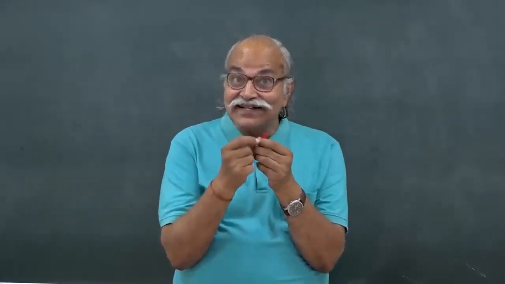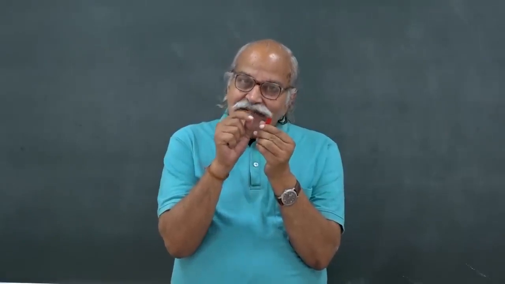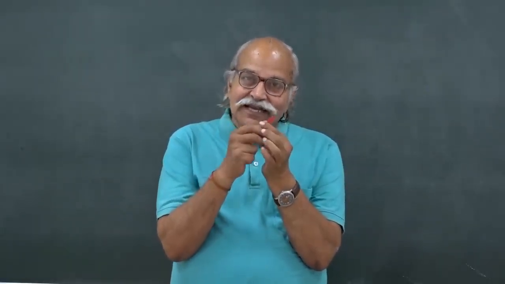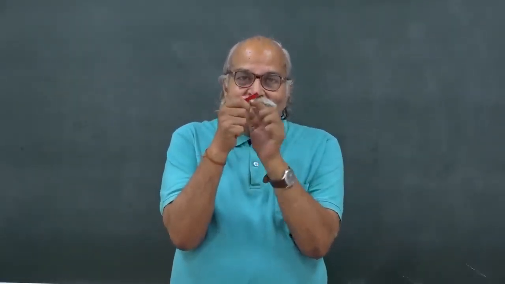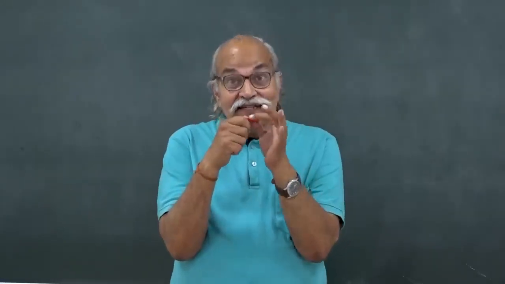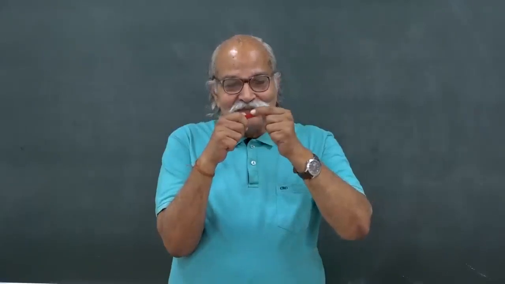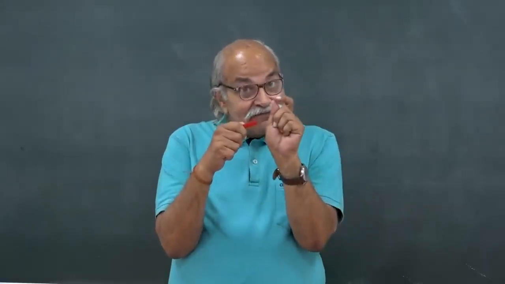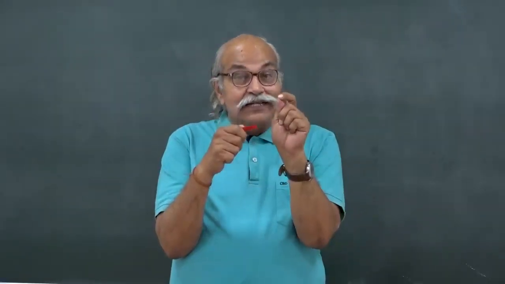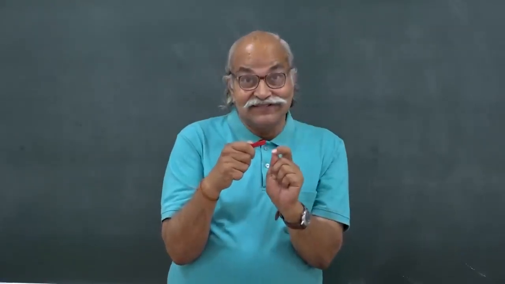that is from current, and all those tiny atomic currents, they are equivalent to a current on the surface of this magnet. Equivalent, it is not that the current is going from here to here to here to here to here, no. In each atom, all the electrons are loyal to the nucleus.